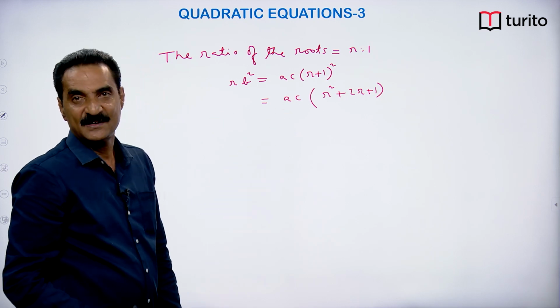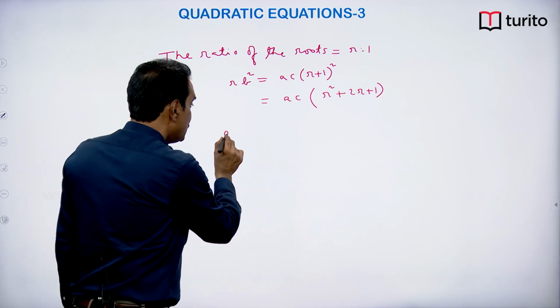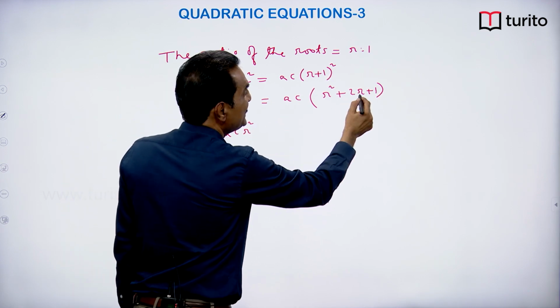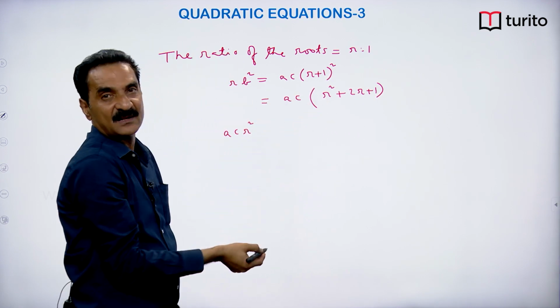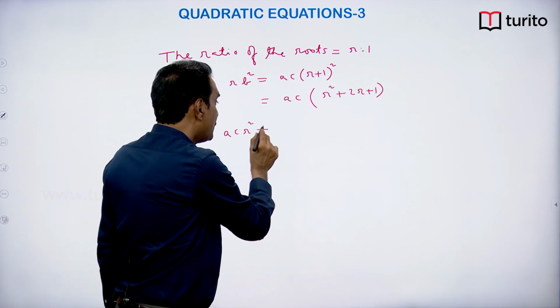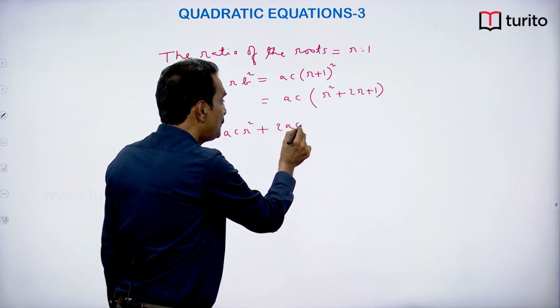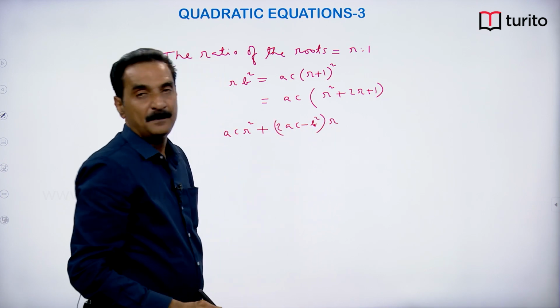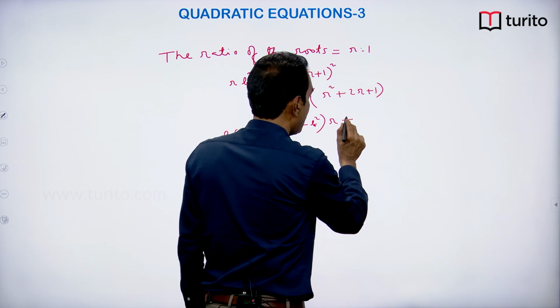Taking all terms one side, ac r square plus here 2ac r, taking b square r that side, you will get plus 2ac minus b square into r plus ac is equal to 0.